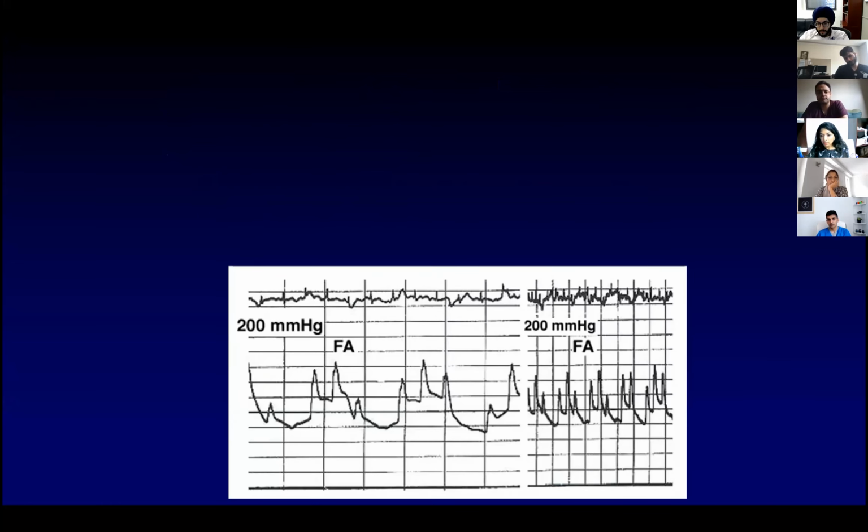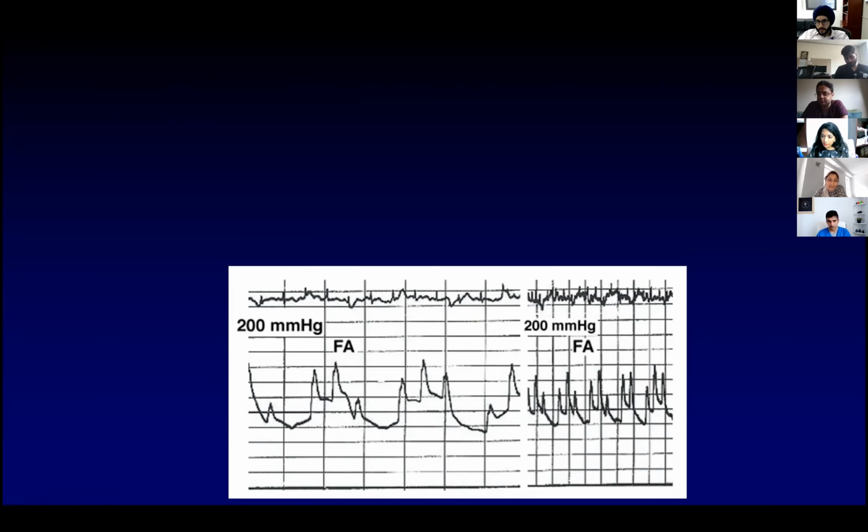And here we're seeing, can anyone explain what we're seeing over here? So you can see that it seems like the aortic pressure is increasing and then decreases, increases and then decreases. This is like arrhythmia or AV dissociation?